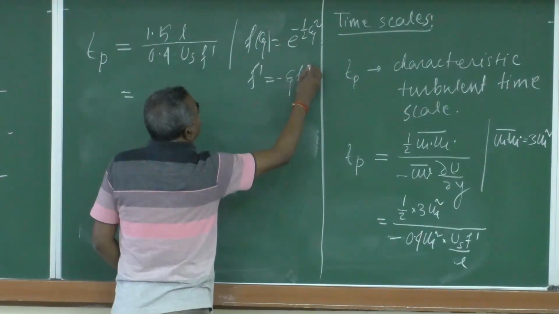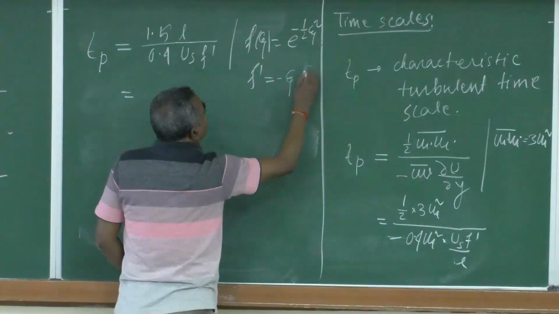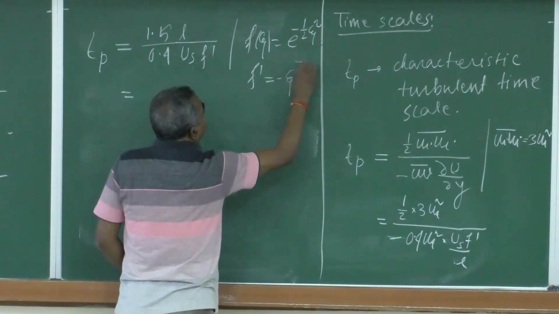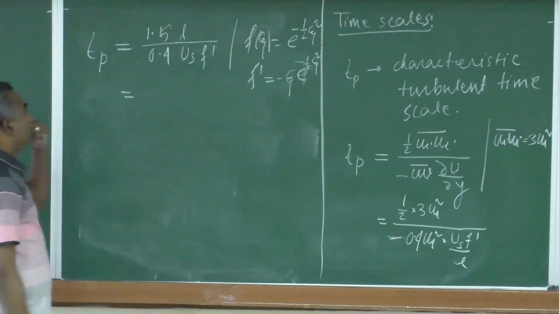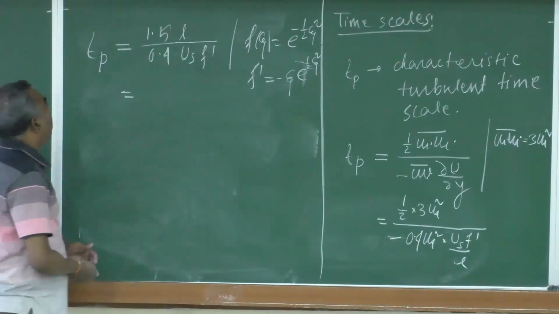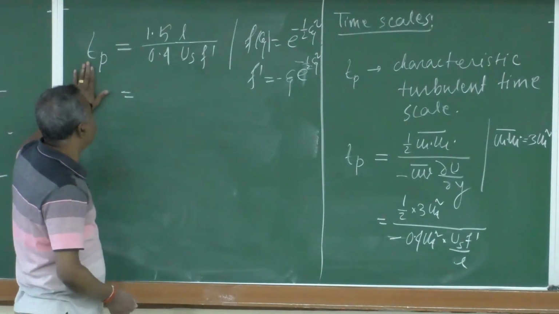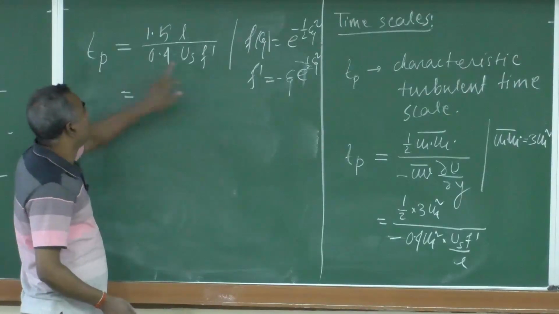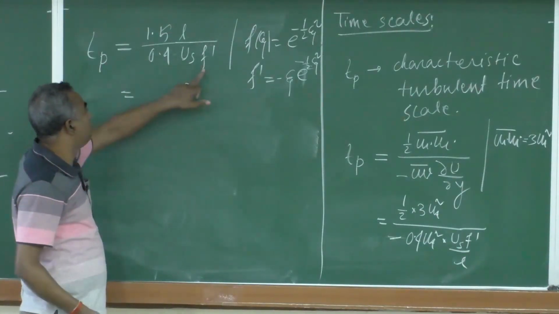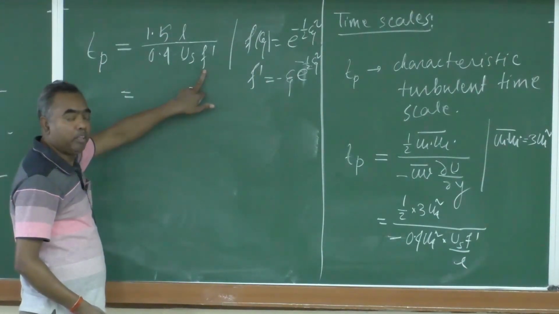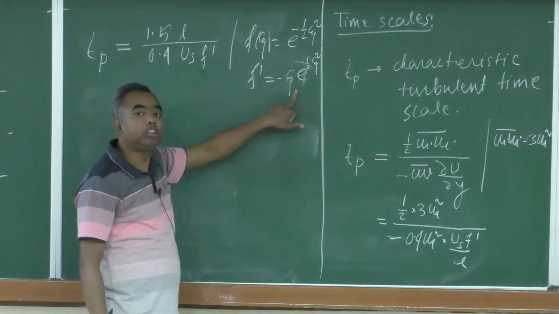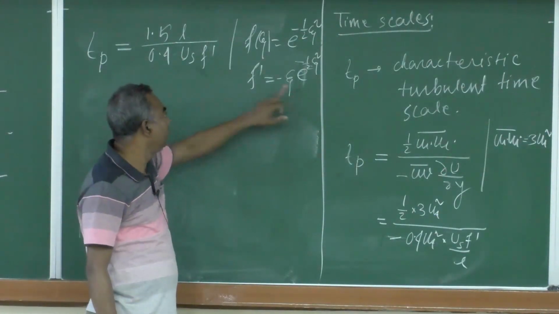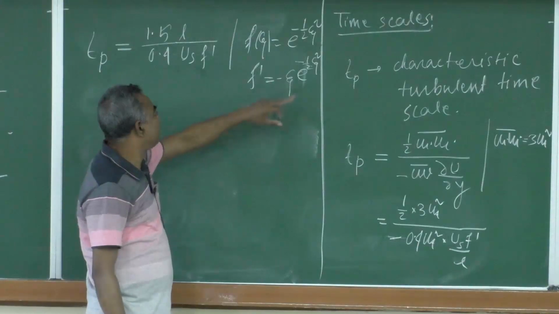Or we can write exponential of half xi square, right. So, if we consider the minimum Tp, that means minimum Tp is going to be when f prime is maximum. F prime is maximum at what location? When xi is equal to 1, that is what we have noticed, right.